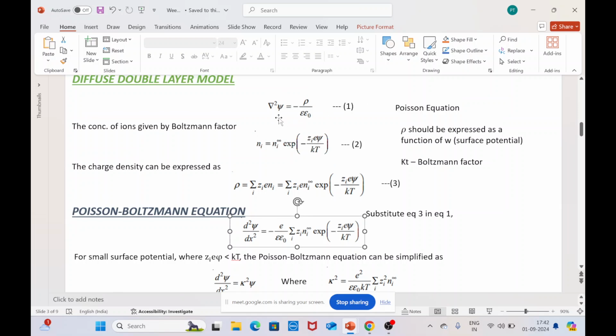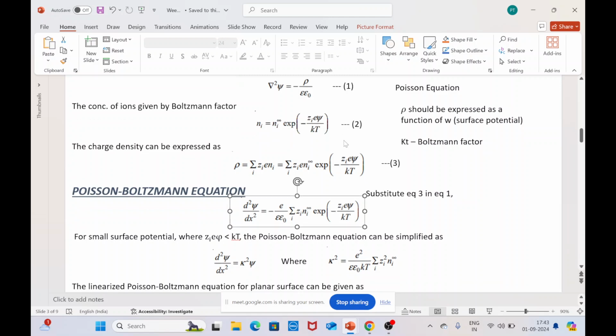Equation number 1 is the Poisson equation, and equation number 2 is the Boltzmann factor. Since we have substituted 2 in 1, the equation is called the Poisson-Boltzmann equation.